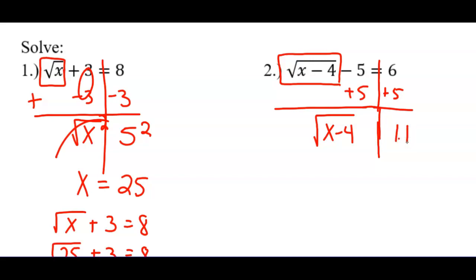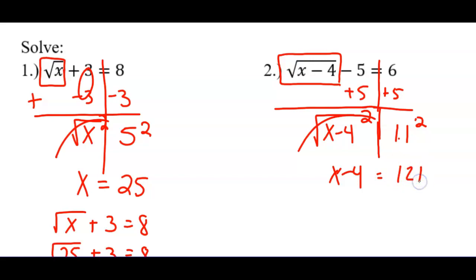How do I get my x minus 4 alone? What's my next step? Square both sides. So I'm going to square this, and I'm going to square this. This will cancel that. I'd really like to see that arc go through that so that we know it's gone. And I get x minus 4 on this side. And what's 11 squared on the other side?